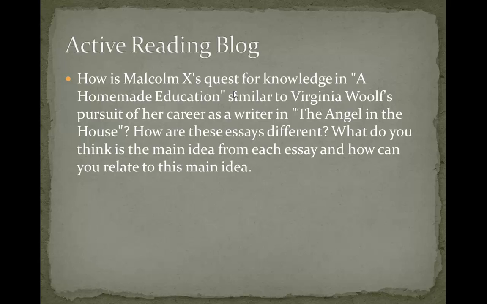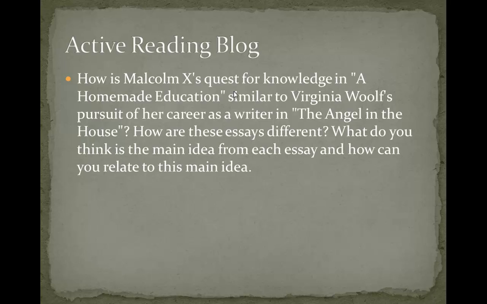Next, I'd like you to complete your active reading blog. Your active reading blog is a place where each week you'll respond to a series of questions that'll ask you about all the texts that we've read. This week, your response should be about 250 words long, and you don't have to respond to anyone else.